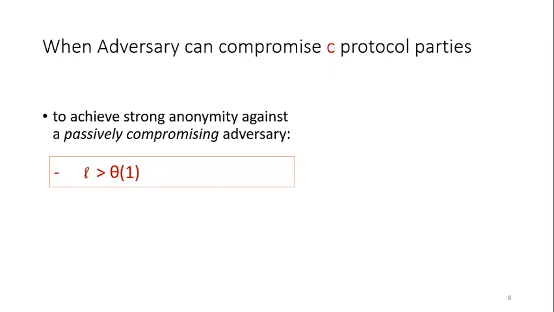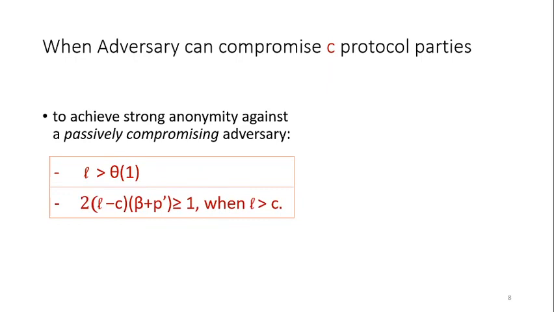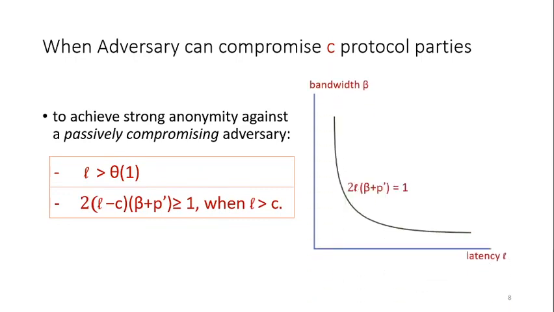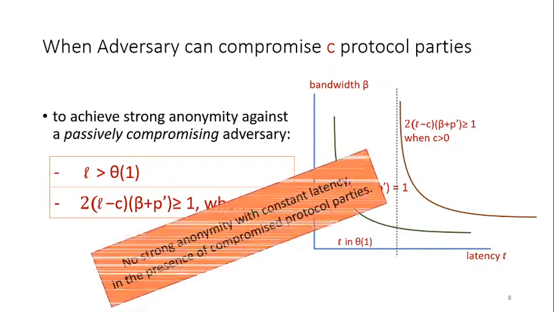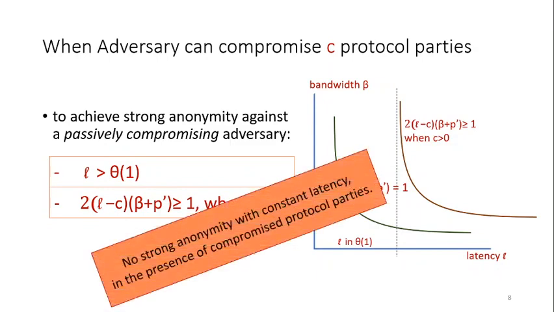Moreover, the protocol needs to follow this second constraint as well. So this was the curve when there are no compromised protocol parties. With compromised protocol parties, the necessary constraint becomes much stricter. So the takeaway from this slide: no strong anonymity with constant latency in the presence of compromised protocol parties.